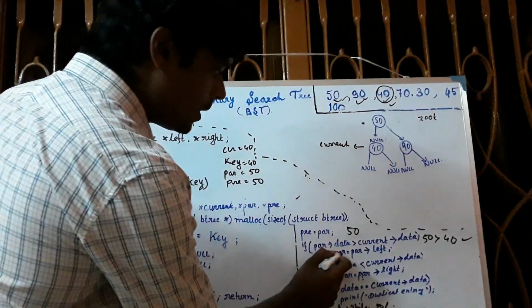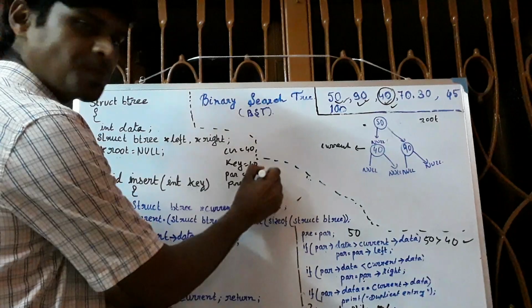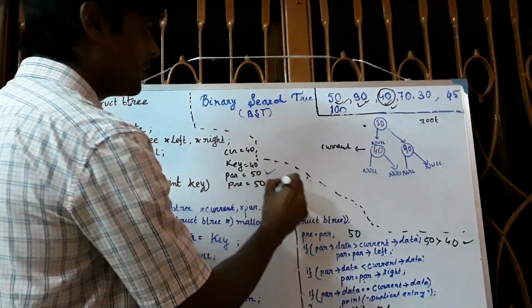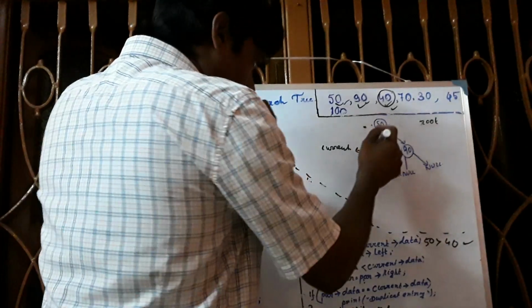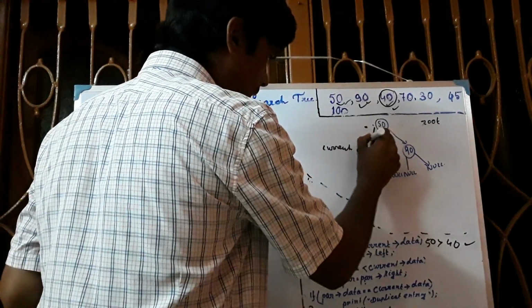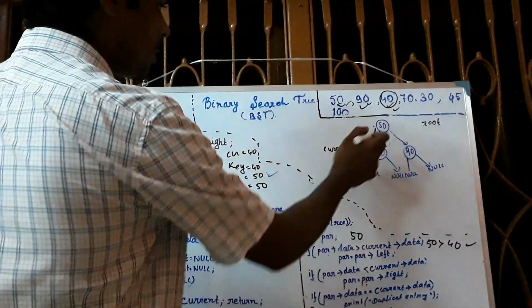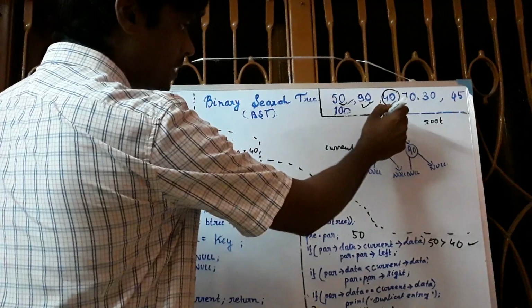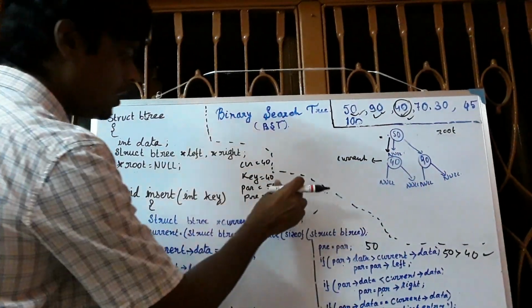Now par will go to its left. That means what is par? Par is my parent. Parent goes to its left. Sorry. That means this one. Now par will become, after going to the left, what is the value of left child of parent? Left child of parent is null. So par will become null. Right.